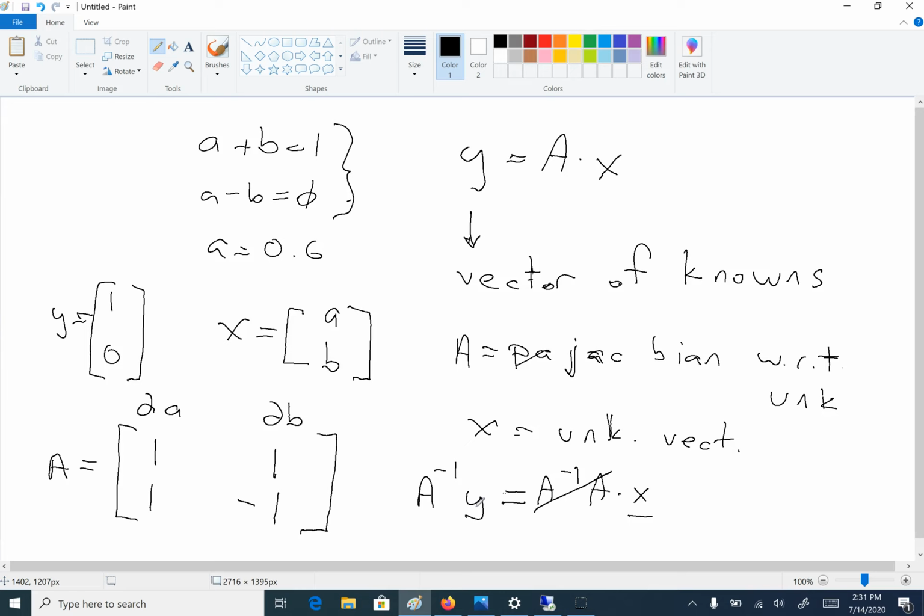So let's see if that actually works. The inverse of A is going to be 0.5, 0.5, 0.5, and minus 0.5.